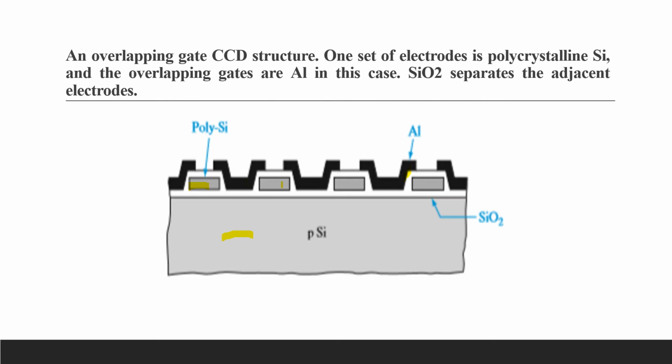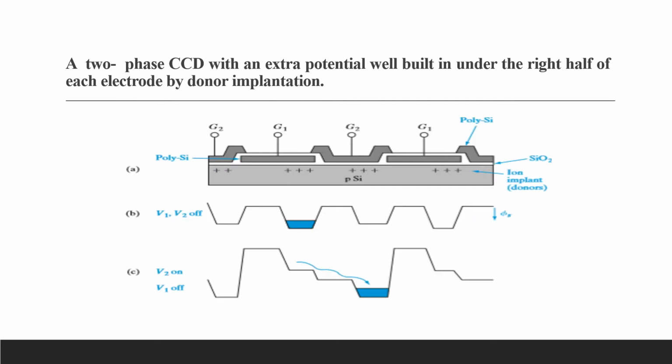But if I move to my next slide, here is a two-phase CCD with an extra potential well under the right half of each electrode by donor implantation. This is another way of increasing efficiency, a step to improve the basic structure of CCD.